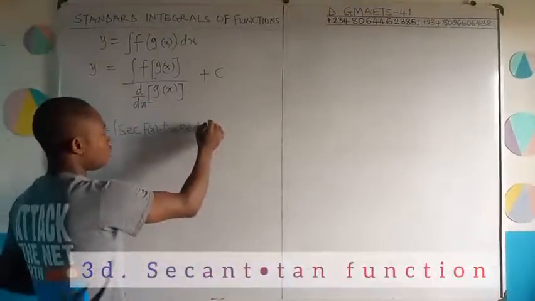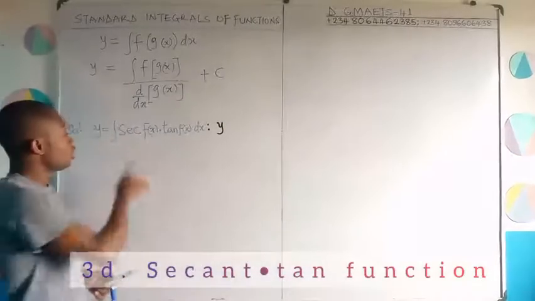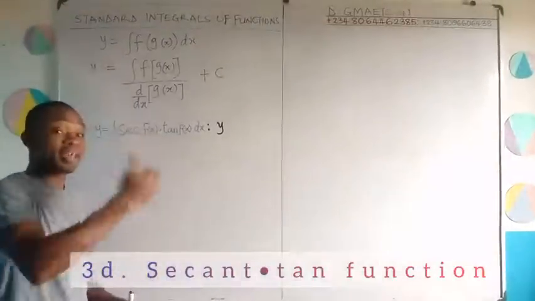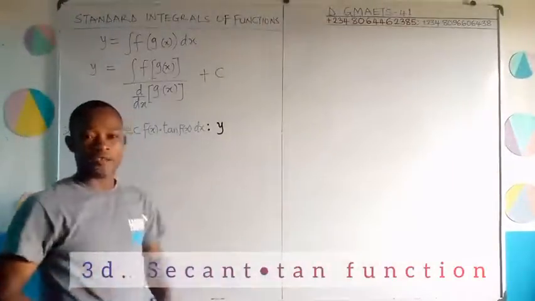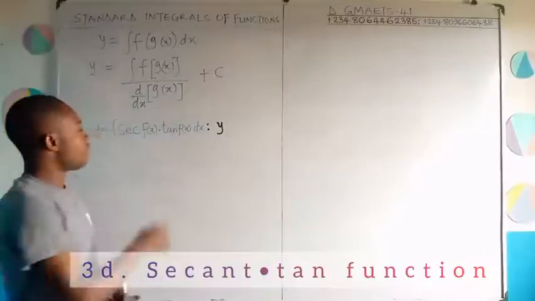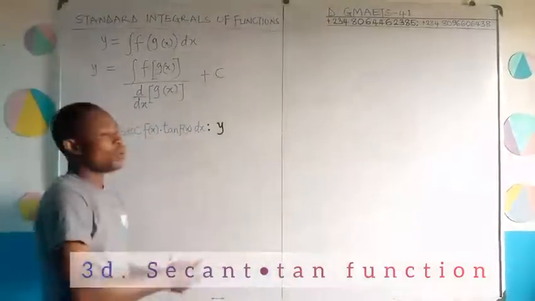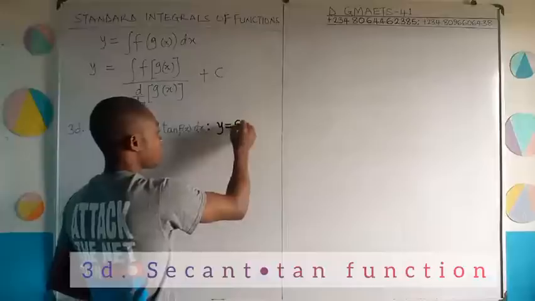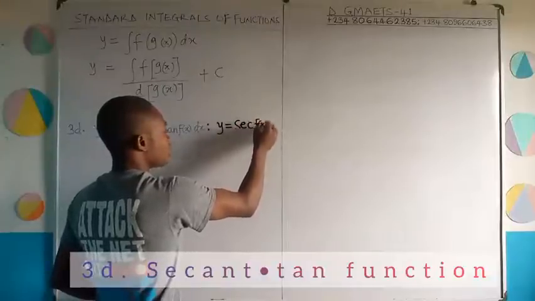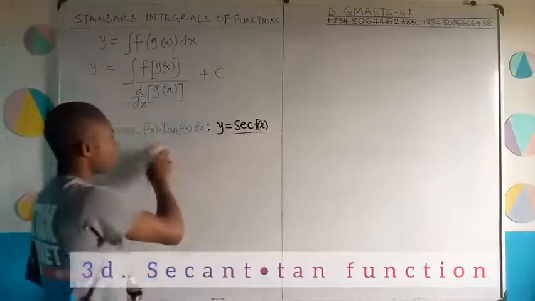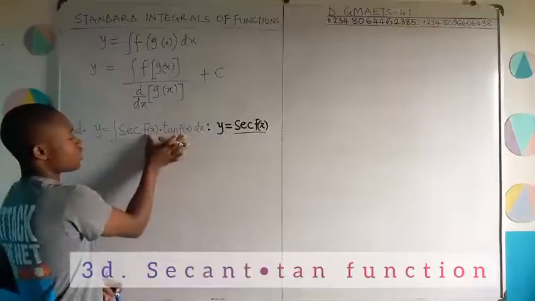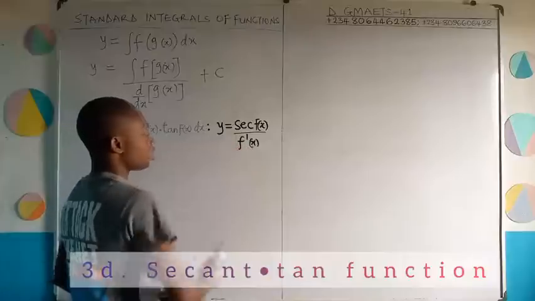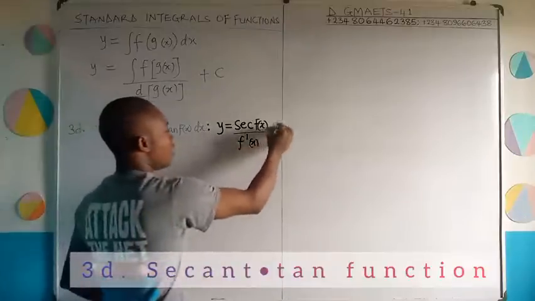Alright, we are going to recall that under differentiation, we differentiated sec f of x to get this sec f of x times tan f of x. And therefore, if we integrate this function, we are going to get that function we differentiated to get it, and that function is sec f of x. And so we are going to divide this by derivative of the minor function. The minor function is this f of x, so we're going to have f prime of x, that is, differentiate the minor function f of x with respect to x, put plus c.